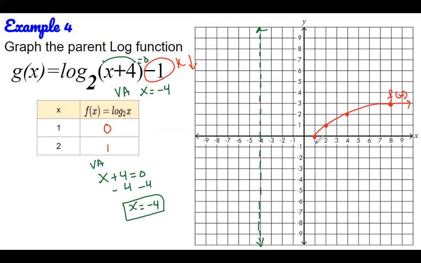So it's going to go down 1 and over to my left or right? Left, how many spaces? 4, 1, 2, 3, 4. So down goes 1, and then we go 4 to the left.